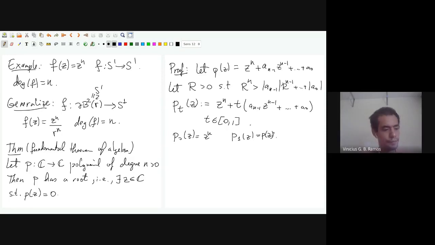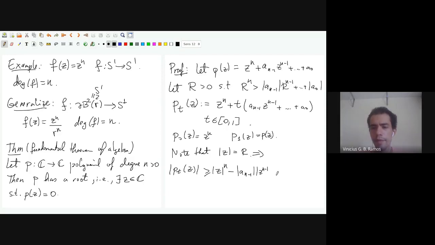Okay. And now, note that if the norm of z is equal to r, then the absolute value of pt of z, or the norm of pt of z, is going to be greater than, I'm going to use the triangle inequality, the norm of z to the n minus the norm of a n minus 1, norm of z to the n minus 1, minus etc. minus a0.